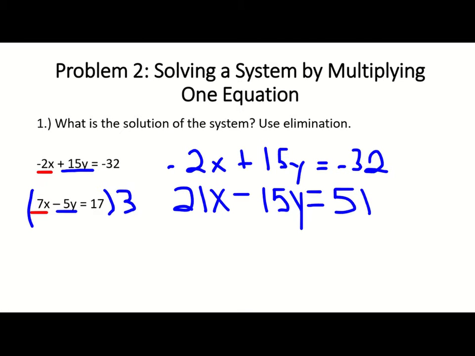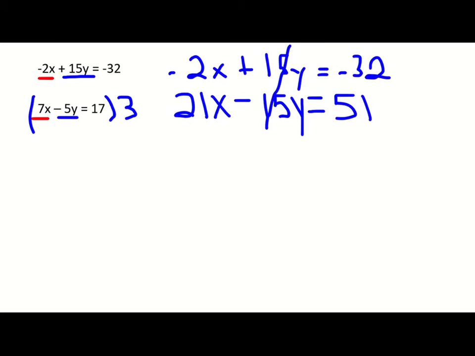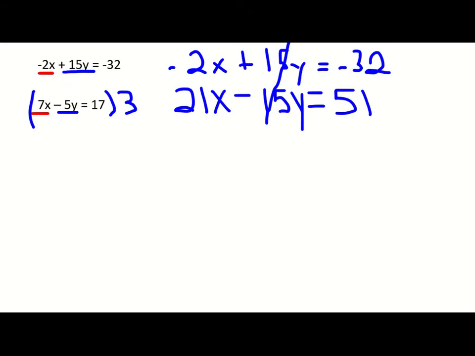And by multiplying the bottom equation by positive 3, what we wound up with was y values that cancel out. So I'm going to cancel out those y values, the positive 15 and negative 15, and I'm going to solve what's left. 21x minus 2x is 19x.